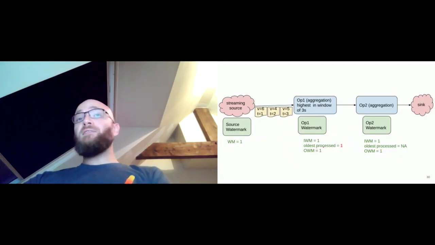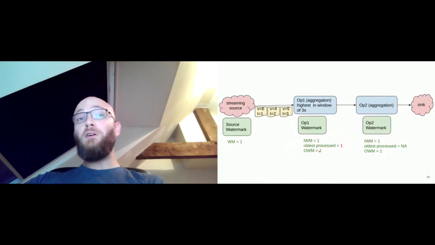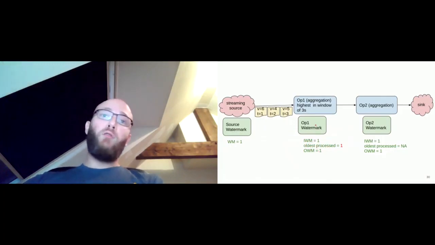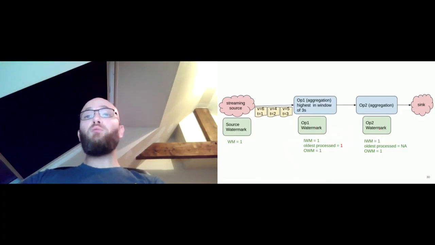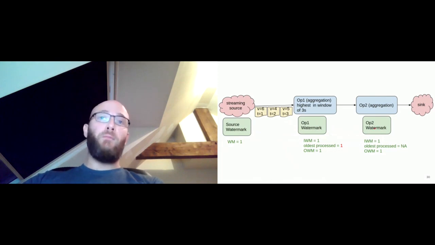It does not update its output watermark, because the output watermark is the minimum between the input watermark and the oldest processed, so it's still 1. So if the output watermark of operation 1 is not updated, then the input and output watermark of operation 2 will not be updated either.